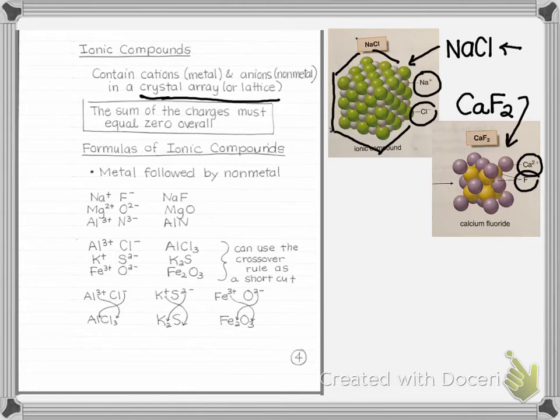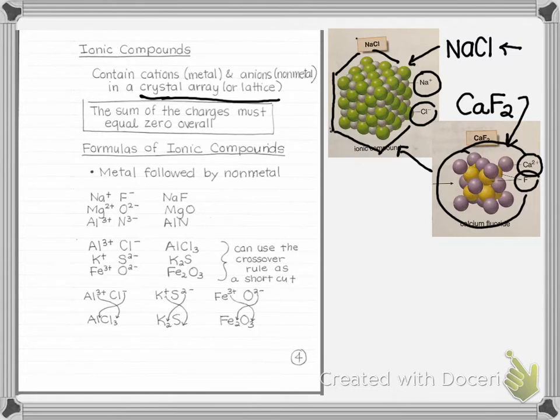Now for your course, you're not going to have to draw these structures. What I want you just to understand is that ionic compounds, metals and nonmetals, when they get together, don't form individual molecules. Rather, they form these types of crystal lattice structures where you have multiple positive and negative ions together in a way that is based on their ratios or on how their charges are.